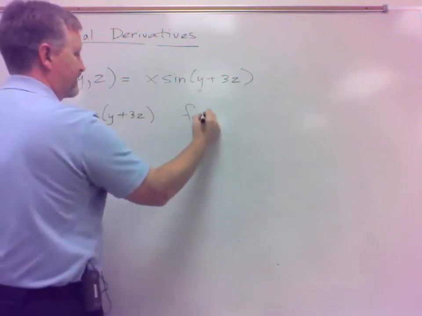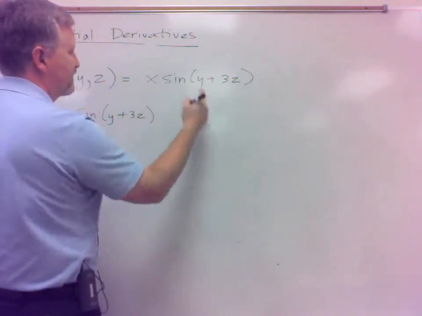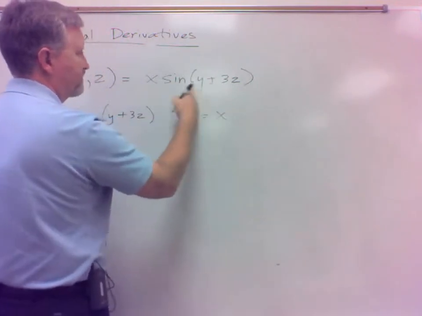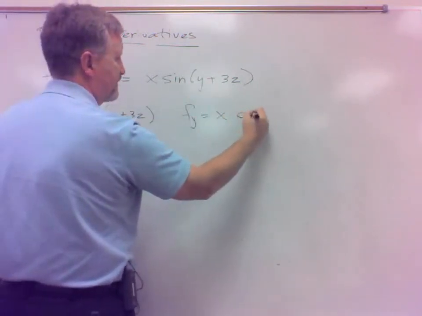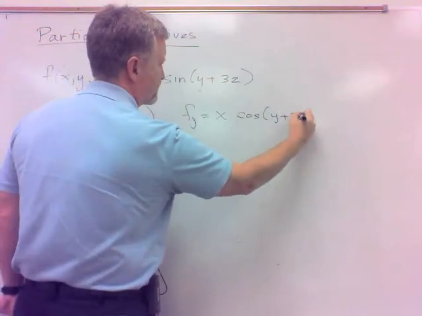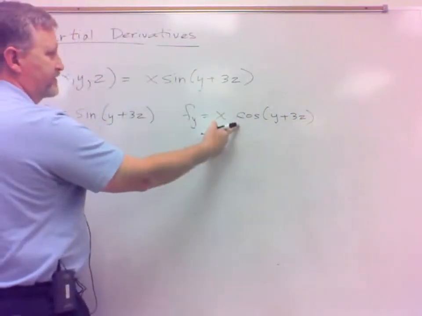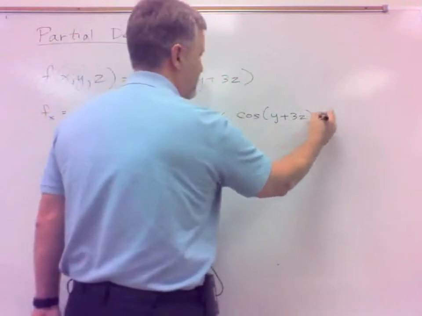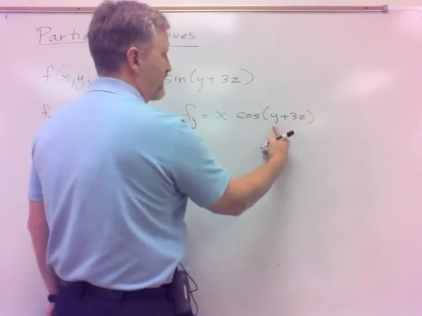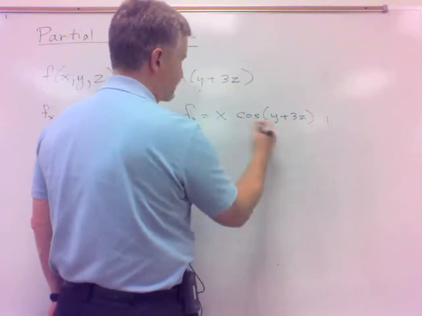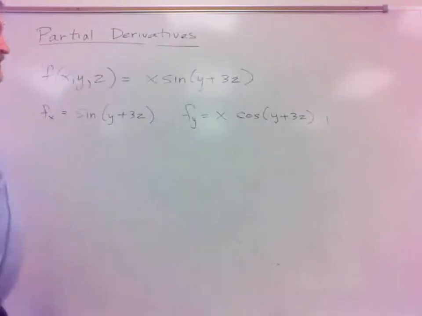The partial with respect to y, z and x are constant, so it's just x times the derivative of this, which would be cosine of y plus 3z, a little chain rule. The outside is sine, so the derivative is cosine, don't change the inside. But then you do the derivative of the inside, it would just be 1 plus 0, so yeah, x cosine of y plus 3z.